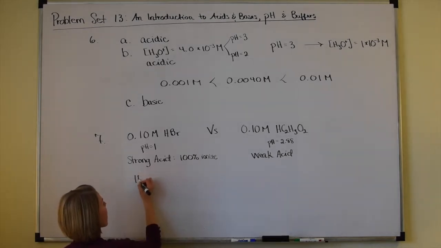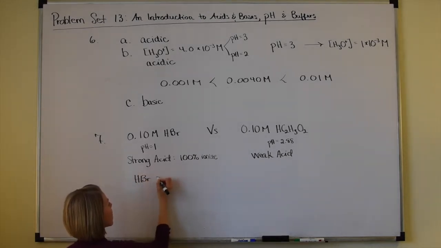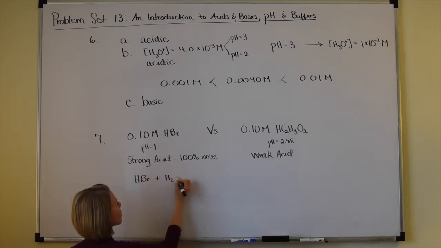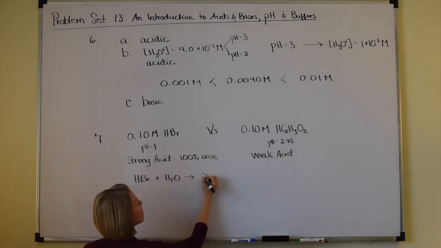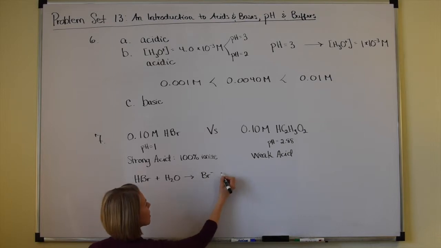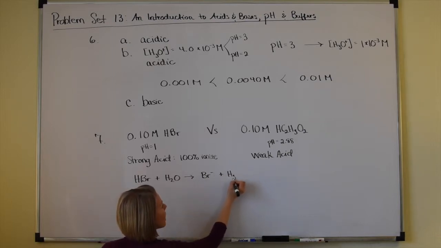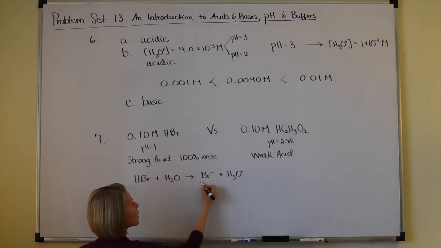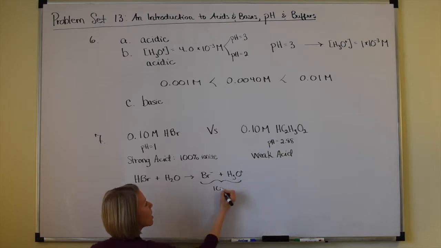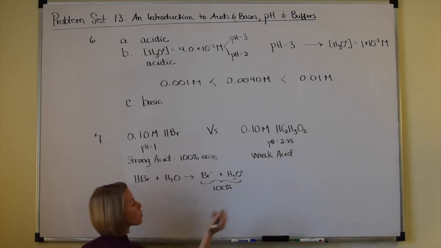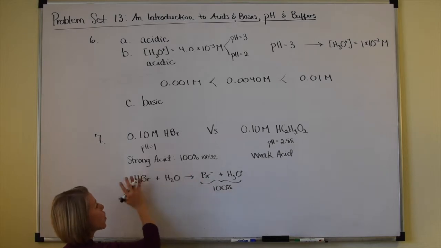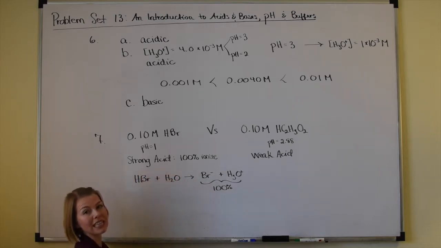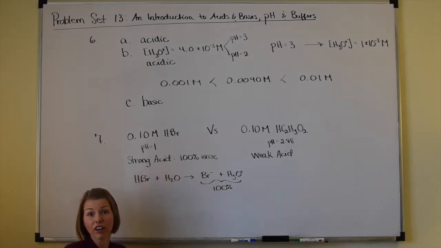So when we write the reaction of hydrobromic acid and water to form bromide anions and hydronium cations, we should expect 100% product. No leftover covalently bound HBr.